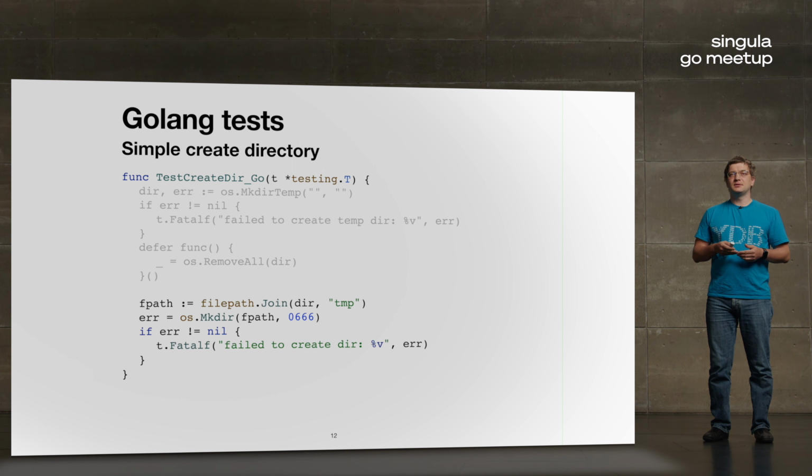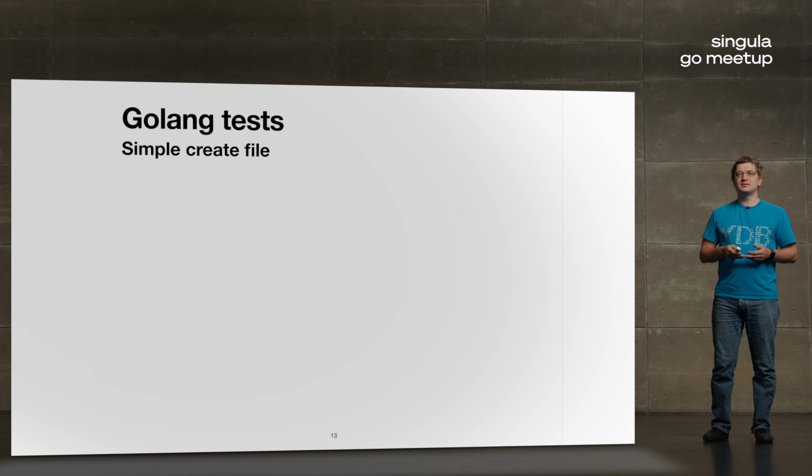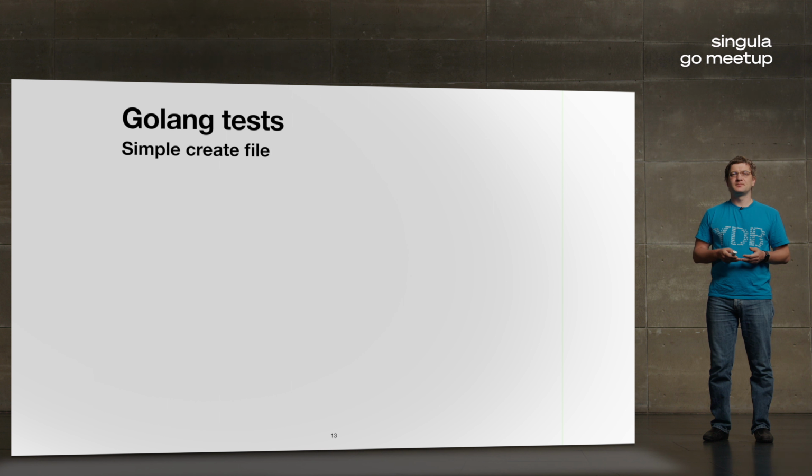If we create a similar test that creates a file instead of a directory, we will repeat the service code to create a working directory and remove it. Service code, useful test code.